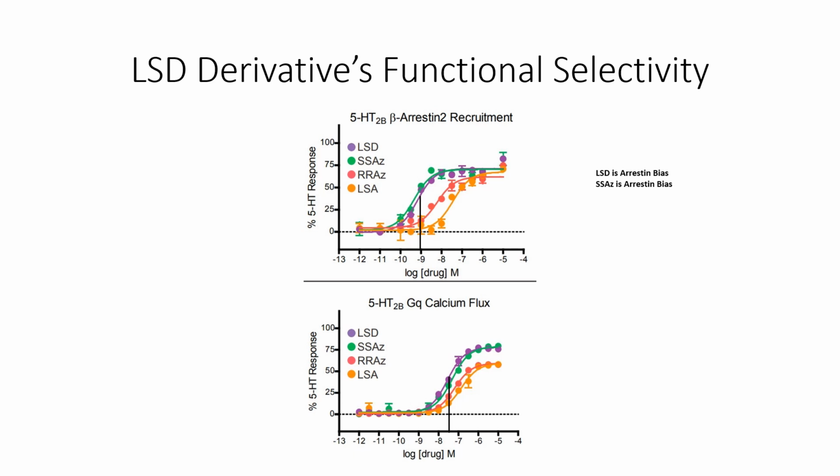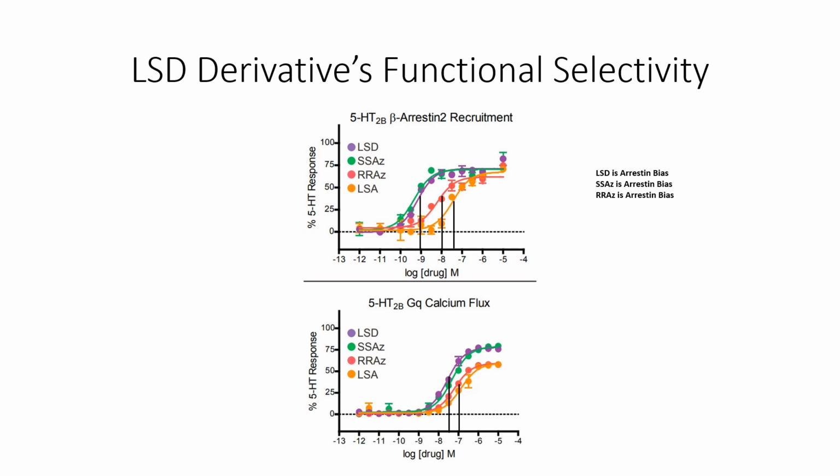If we go over to RRAZ and look at where its EC50 value is at the arrestin assay, it's at about -8. If we compare the EC50 value to that of GQ calcium flux assay, we see that it's occurring at about -7. And once again, because -8 is more negative than -7, we can say that RRAZ is arrestin biased also. Lastly, let's look at the effect of LSA.